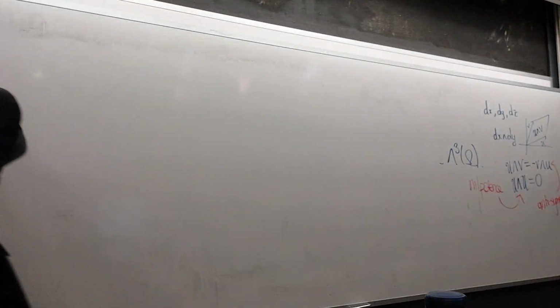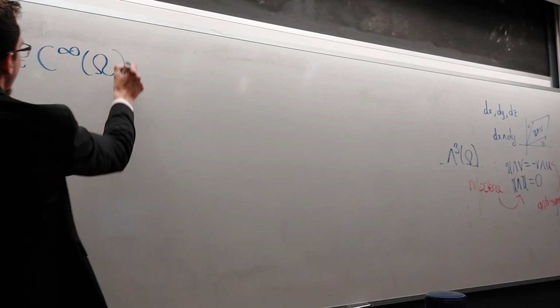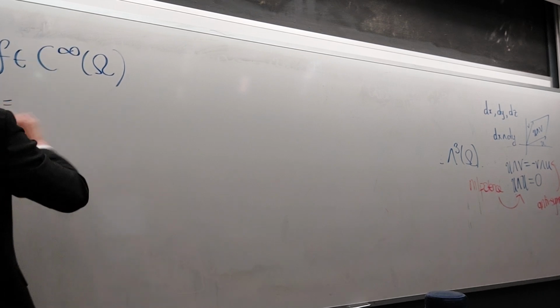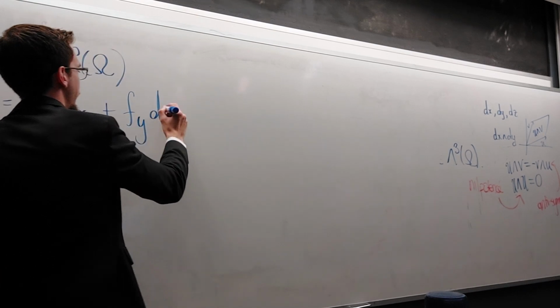Let f be a smooth function. It's a what form? A 0 form. Let f be a smooth function, then df, let's just take 2 dimensions for enjoyment, is fx dx plus fy dy.